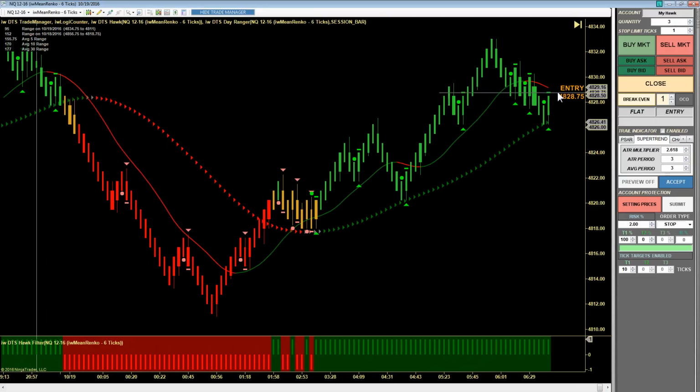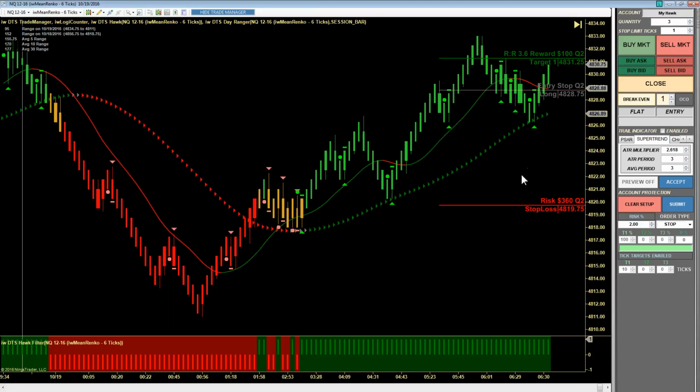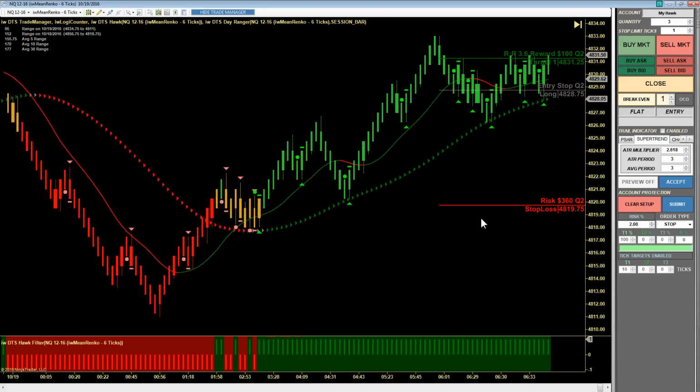Remember the macro pullback, everything stays in sync except the thin line, the micro line, which goes out of sync. So here's swing 1, here's swing 2. That's a pretty safe stop. The chances that the market will hit this low before it hits my profit objective are pretty remote.